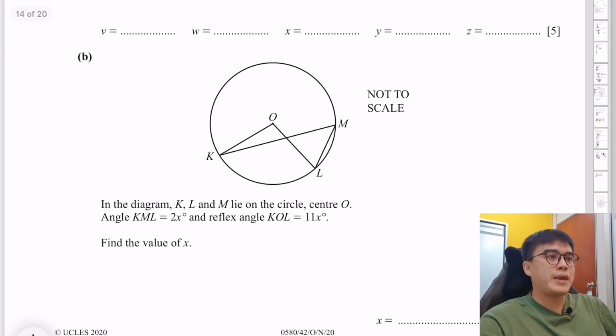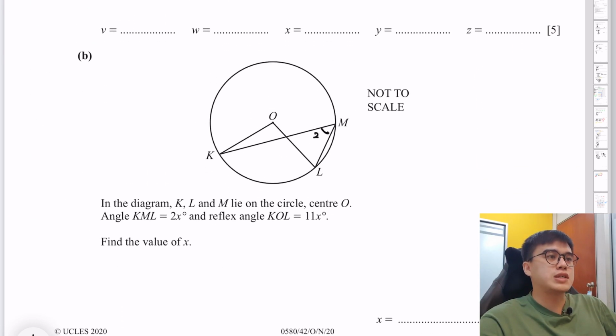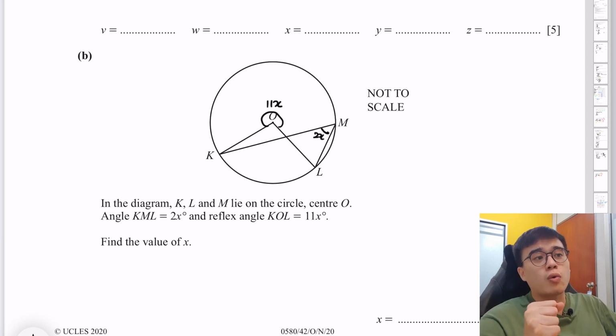As for part B, I will first label the 2x down as KML, and the key assessment here is the keyword reflex angle. If you don't understand reflex angle, it is an angle that is more than 180, which indicates that they are referring to the KOL major sector. So that will be 11x, and we have to identify the minor sector of KOL now.